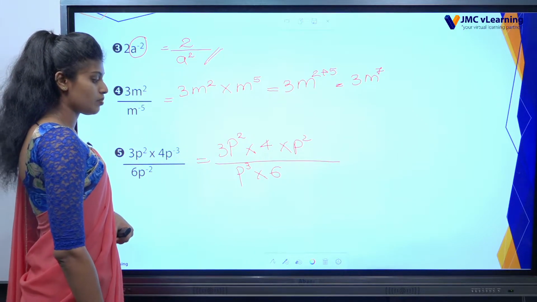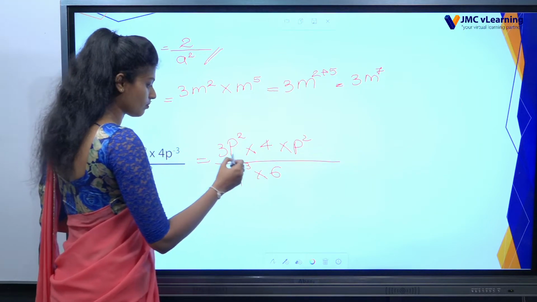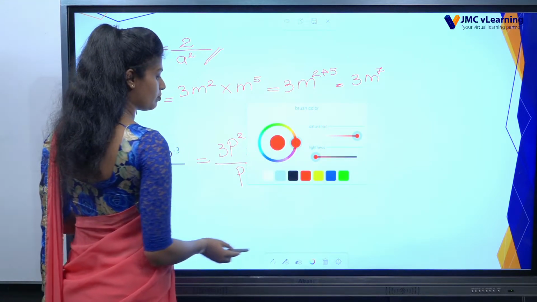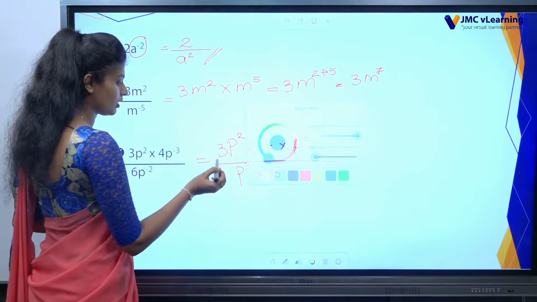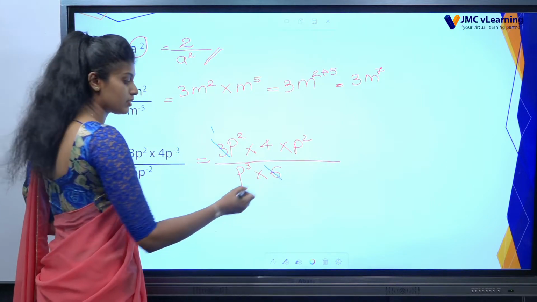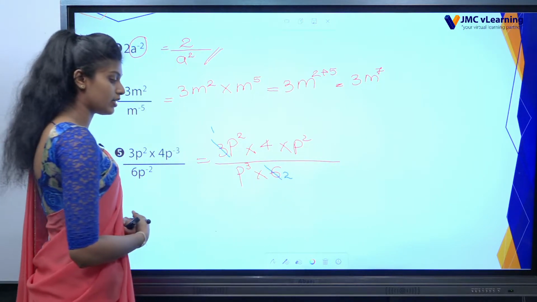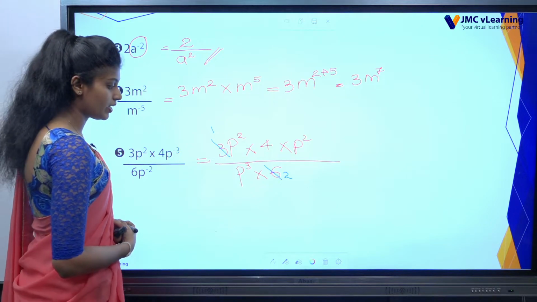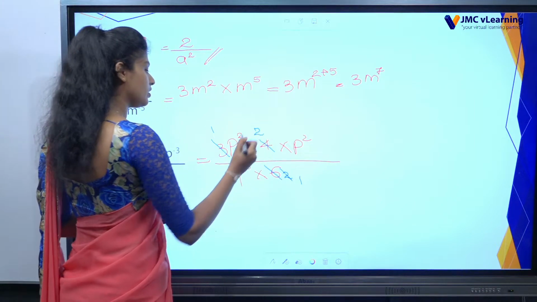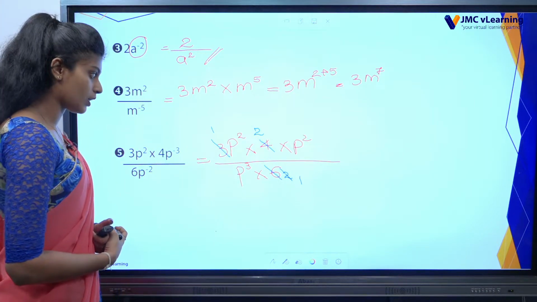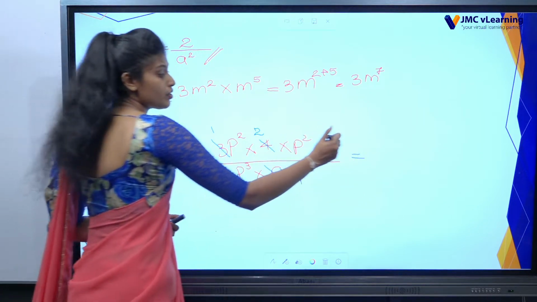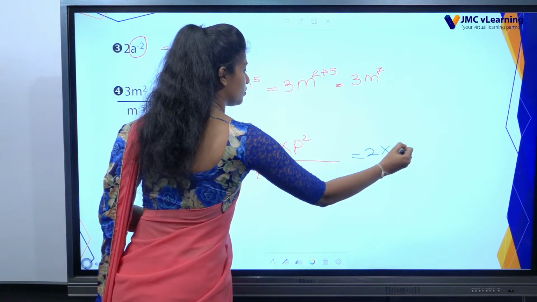Then how can you simplify this one? Here using this 3 you can simplify both. Here when you divide by 3 the answer is 2. Then again you can divide by 2, here 1, and when you divide by 2 the answer is here 2. Then let's simplify the answers. 2 into p.